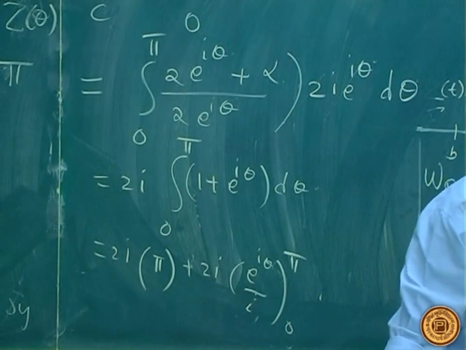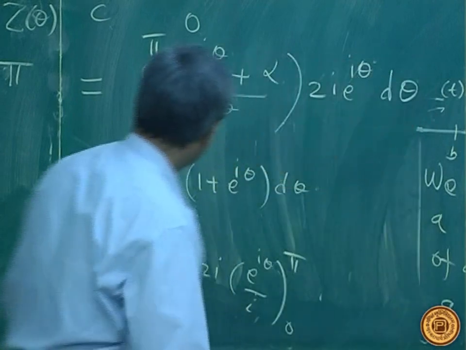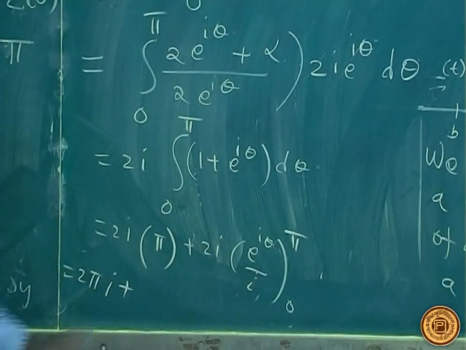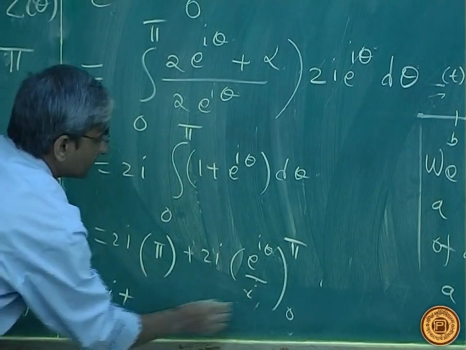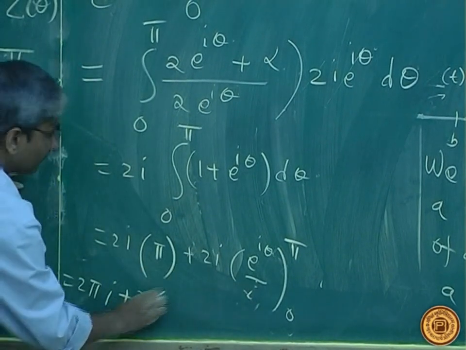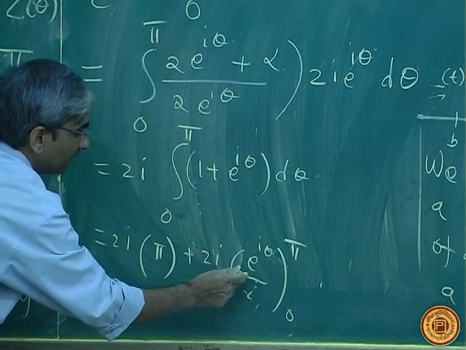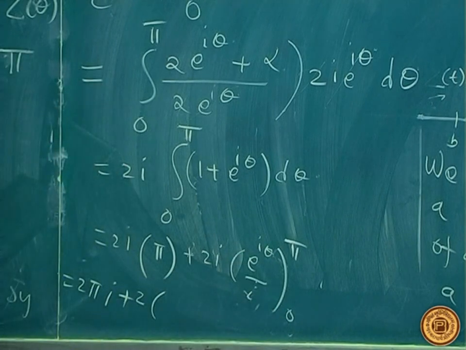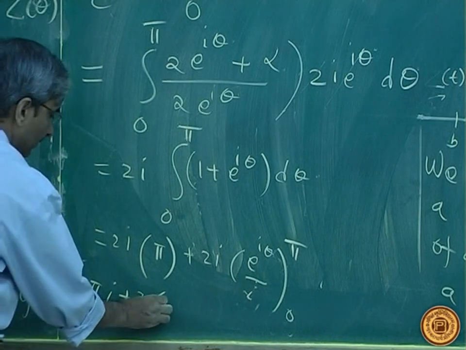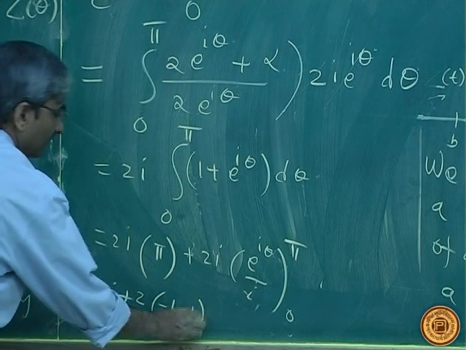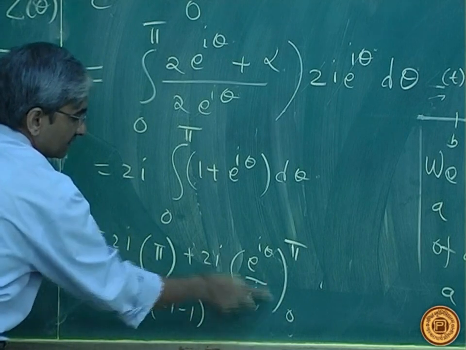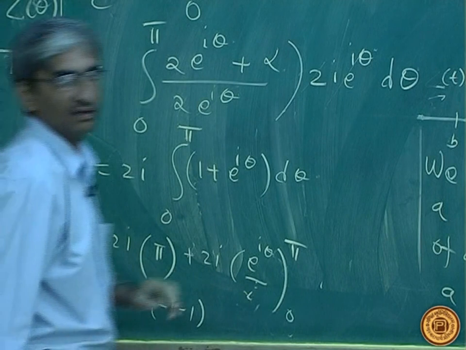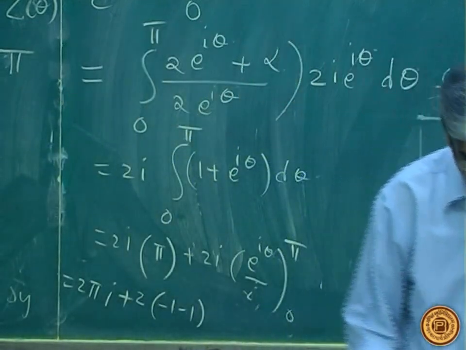So this is 2 pi i plus, this i will get cancelled, 2 times e raised to i pi minus e raised to 0. So e raised to i pi is minus 1, and e raised to 0 is 1, but this is the lower limit. So it is minus 4 plus 2 pi i.